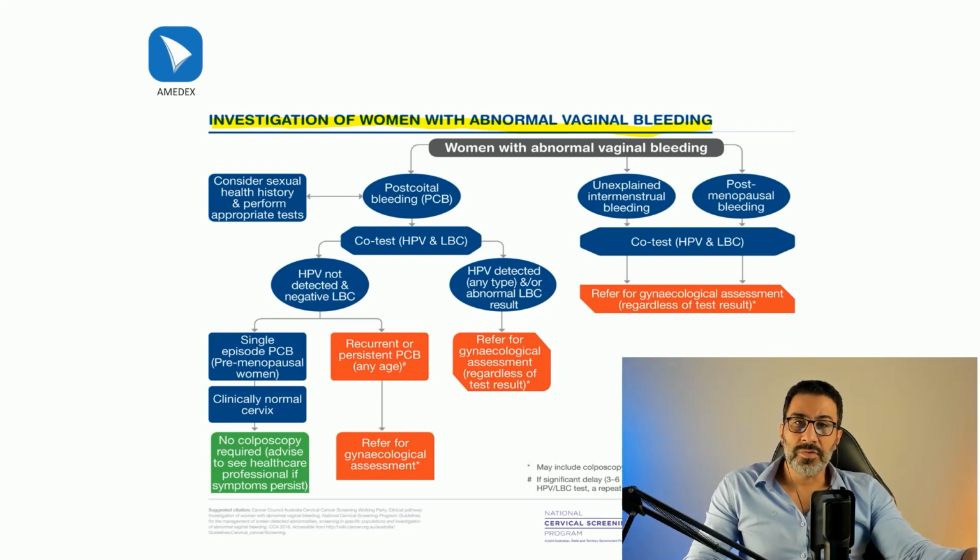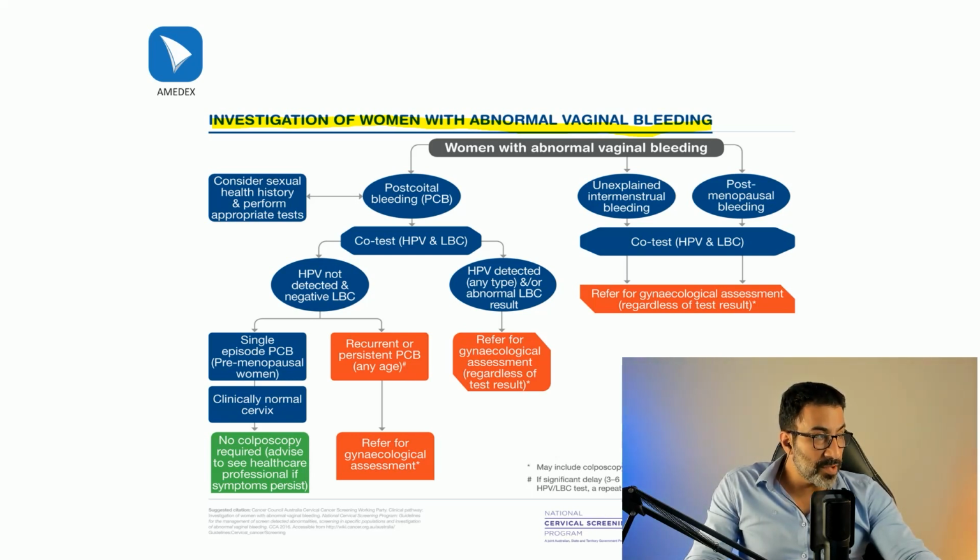Nowadays, we just take a liquid sample and send it to the pathology. The pathology assesses the sample for the presence or absence of human papillomavirus and its types, and also checks the liquid-based sample for the presence of abnormal cells like HSIL, LSIL, inflammatory cells or cancer cells.